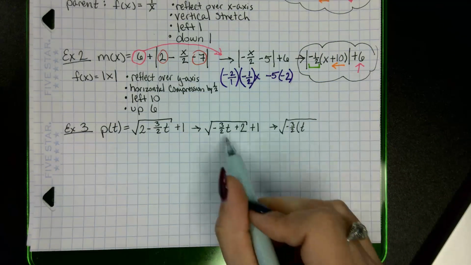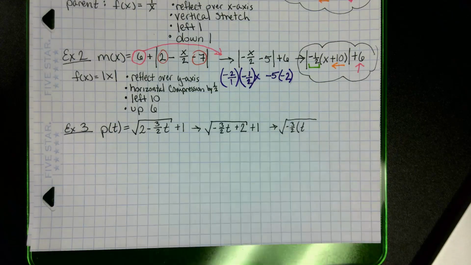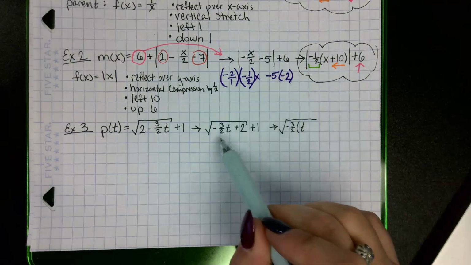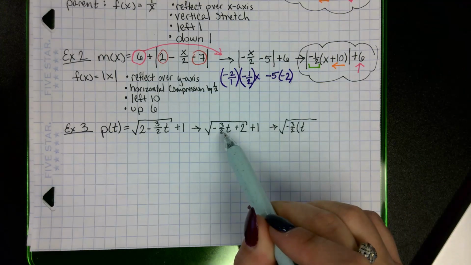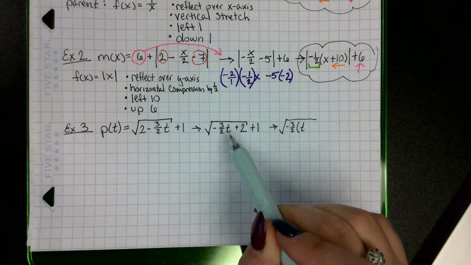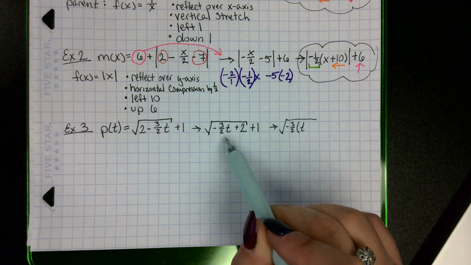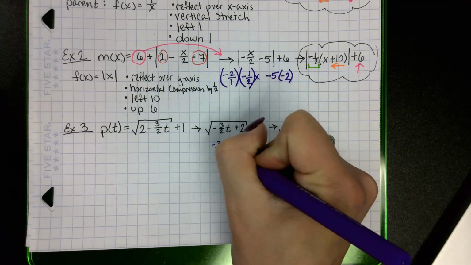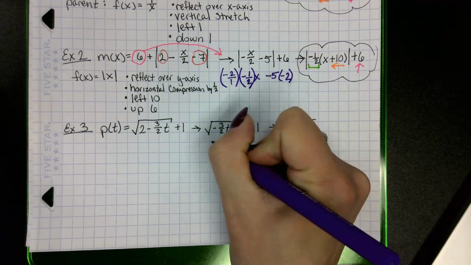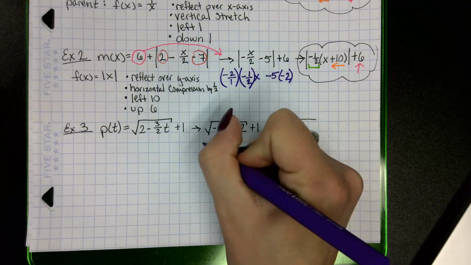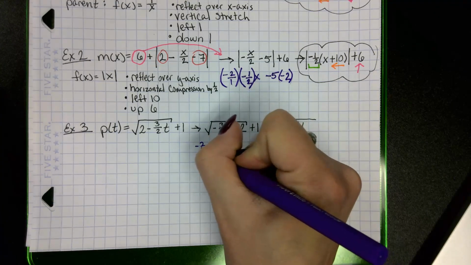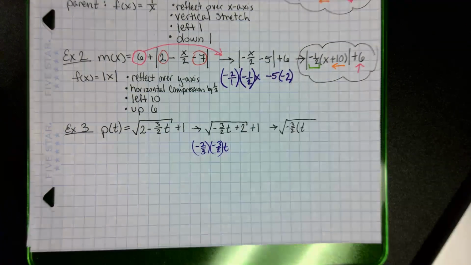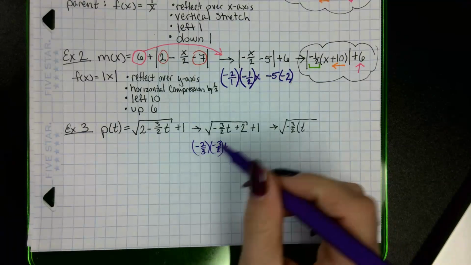So I have negative 3/2 t. To make it into a 1, I'm canceling out the negative 3/2. So I'm multiplying it by the reciprocal, negative 2/3. Okay, so I have negative 3/2 t, and I'm multiplying it by negative 2/3 to cancel everything out.